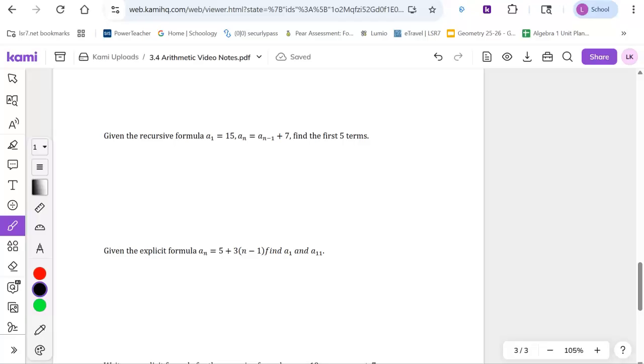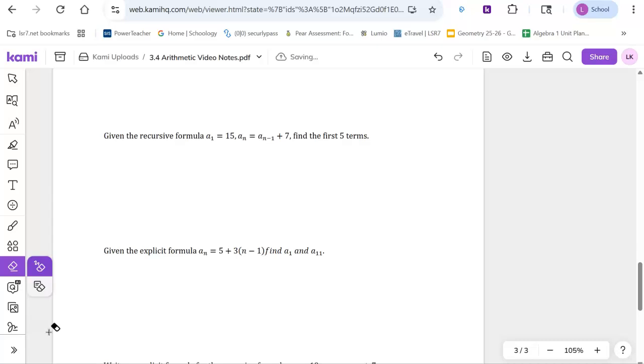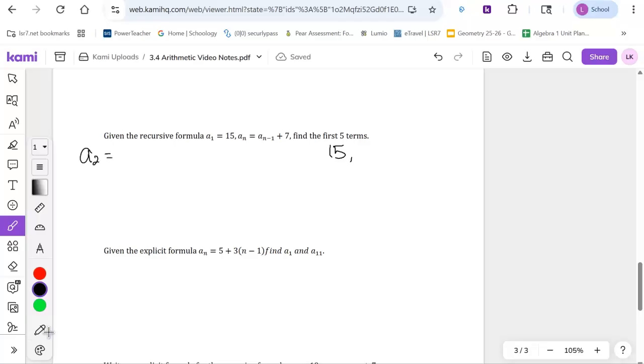Now this example says, given the recursive formula, a sub 1 equals 15, a sub n equals a sub n minus 1 plus 7, find the first 5 terms. I know that a sub 1 equals 15. Then for my second term, I'm going to have 15 plus 7, which gives me 22.